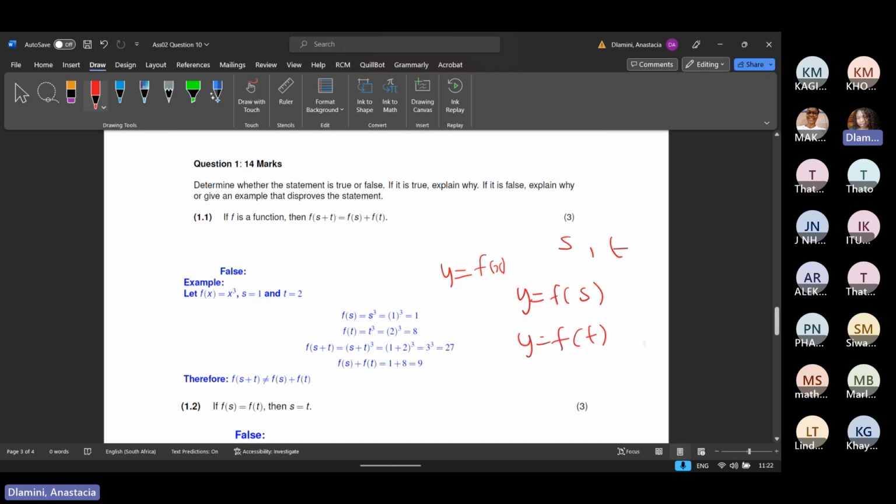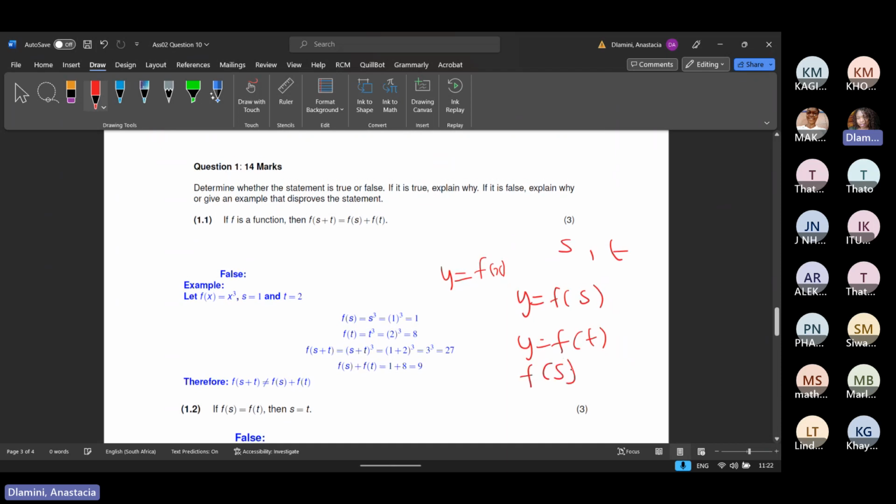If these two are equal, f of s equals f of t, then it means that s is equal to t. Is that true? Yes, ma'am. I think the answer is yes for all functions.